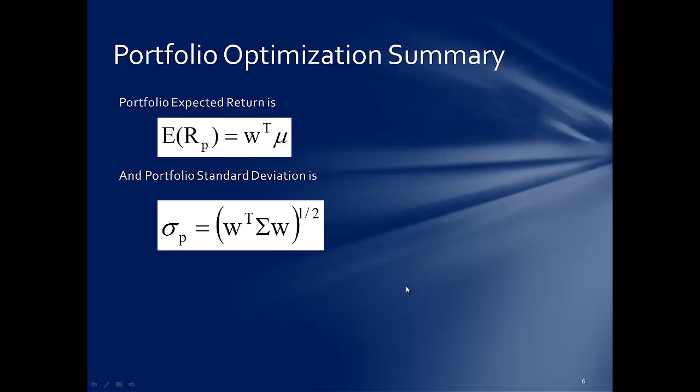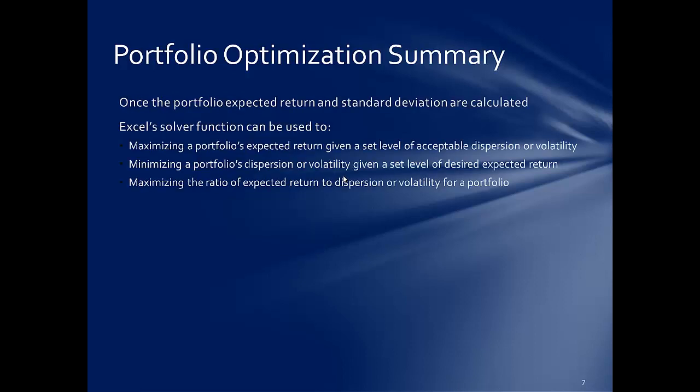So our primary objective today is simply to create the variance covariance matrix and find the portfolio expected return and portfolio standard deviation using matrix algebra in Excel. Once you find portfolio expected return and standard deviation, there are 3 different ways you can optimize the portfolio. First, you can maximize the portfolio's expected return given a set level of acceptable dispersion or volatility.